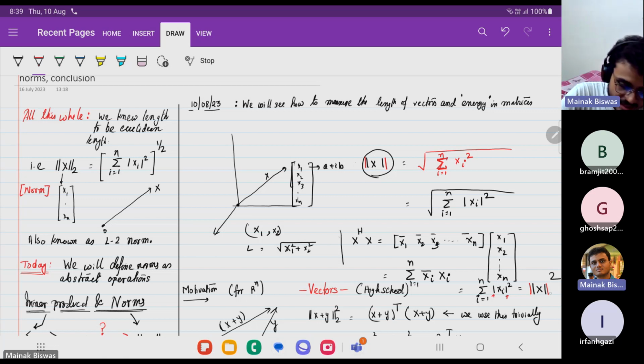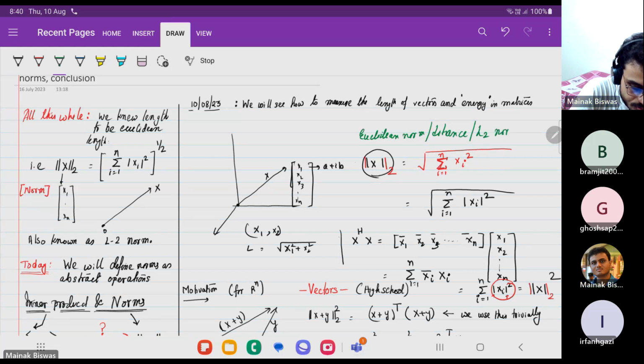Specifically, since you have the square of each term, this is known as the L2 norm. What is it known as? We'll see why it is called the L2 norm as we go to all the other norms, right? So this is the Euclidean norm, or the distance, or the L2 norm, right?